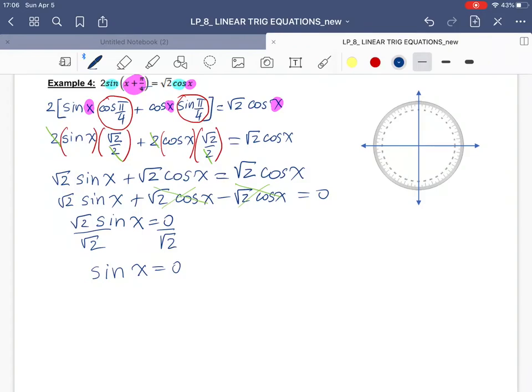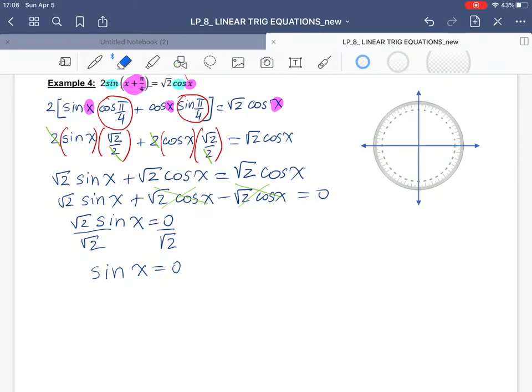Now we have to explore what angles will give a sine of 0. So here is our diagram, and I am going to try to draw my angles. The first one is the angle 0.